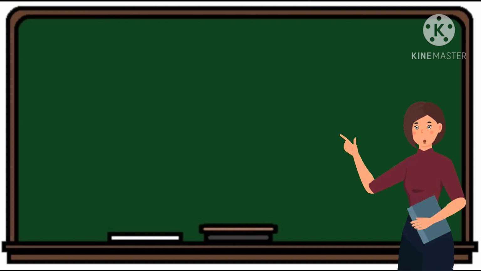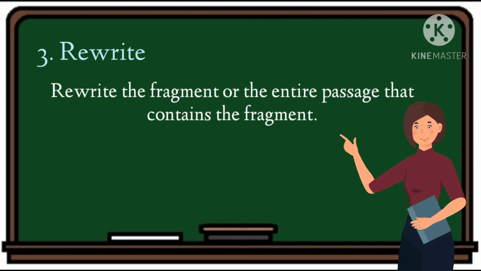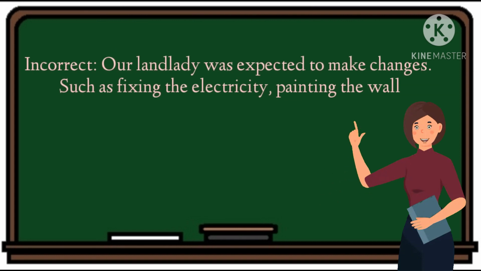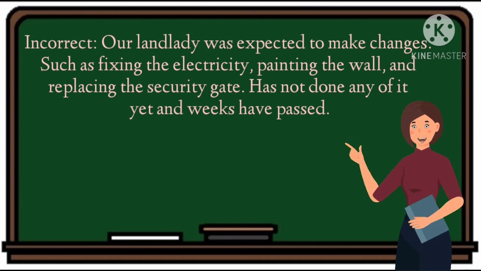So the third way, and definitely the last, is rewrite. Rewrite the fragment or the entire passage that contains the fragment. So for example, "Our landlady was expected to make changes, such as fixing the electricity, painting the wall, and replacing the security gate. Has not done any of it yet, and weeks have passed." As you can see, some of the placement of the words are wrong.